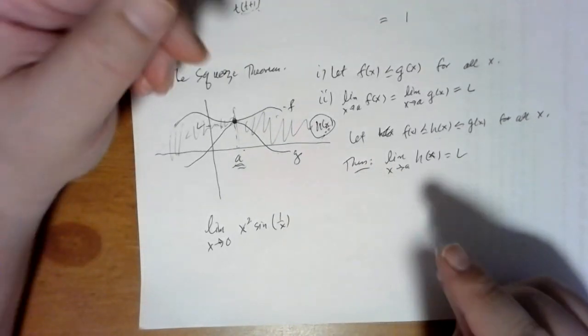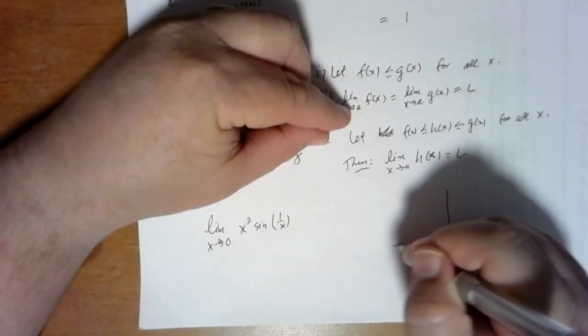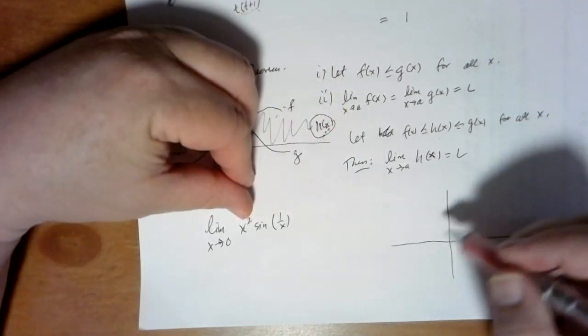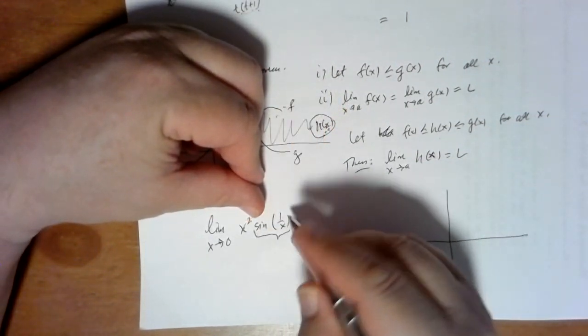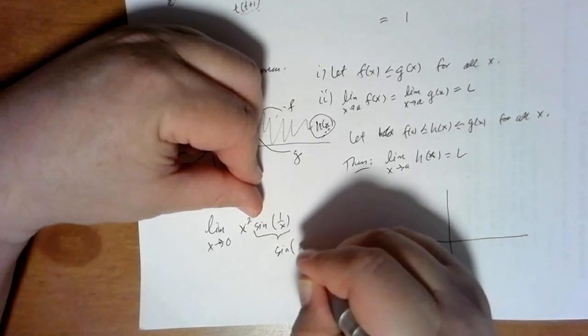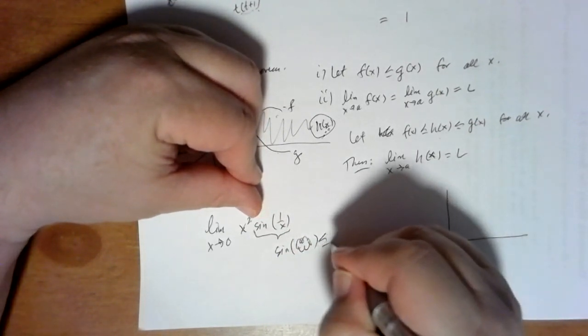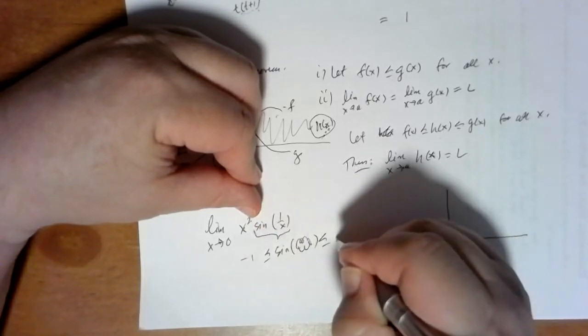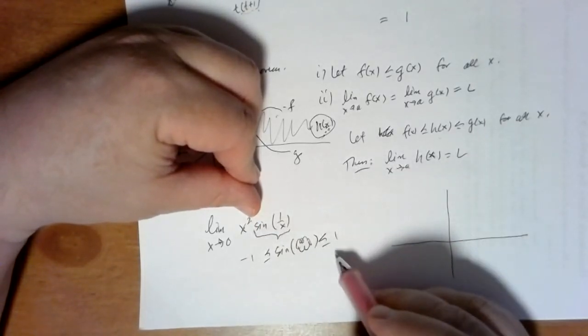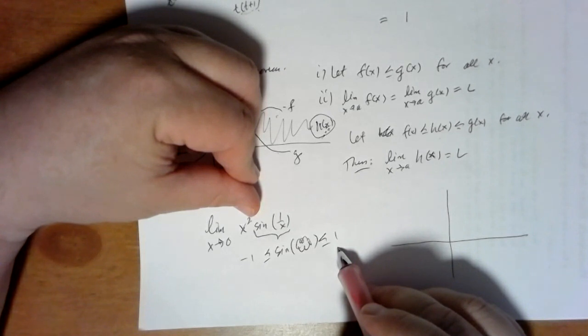Well, how is this going to work? Well, the sine of anything is always going to be stuck between plus and minus 1. And so this is actually giving me the upper function and the lower function.